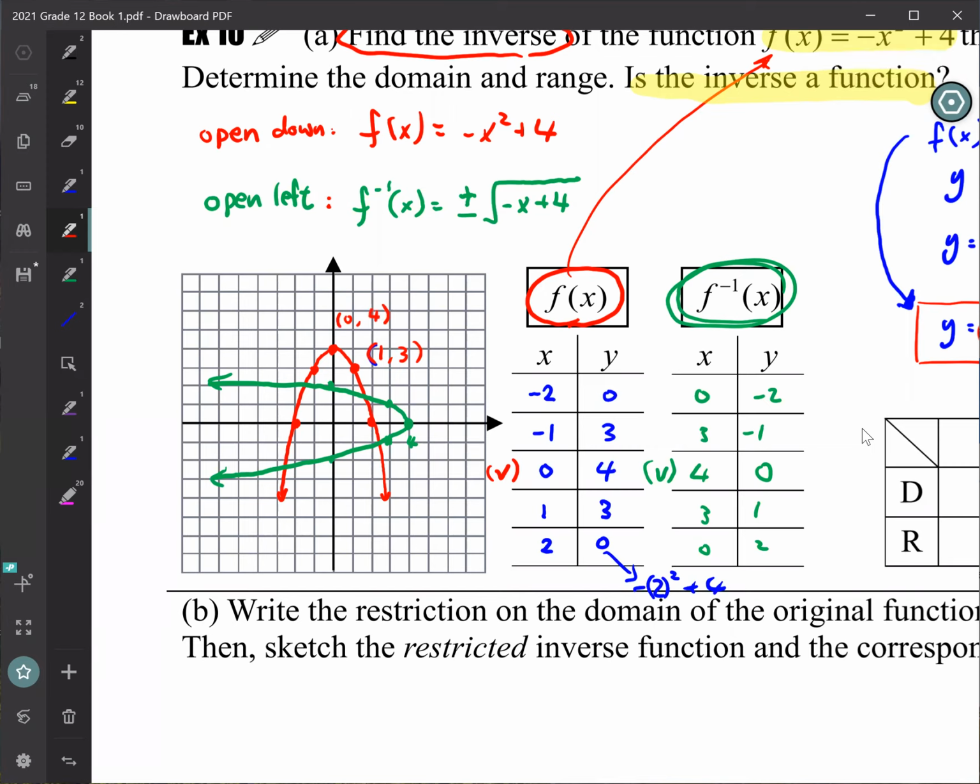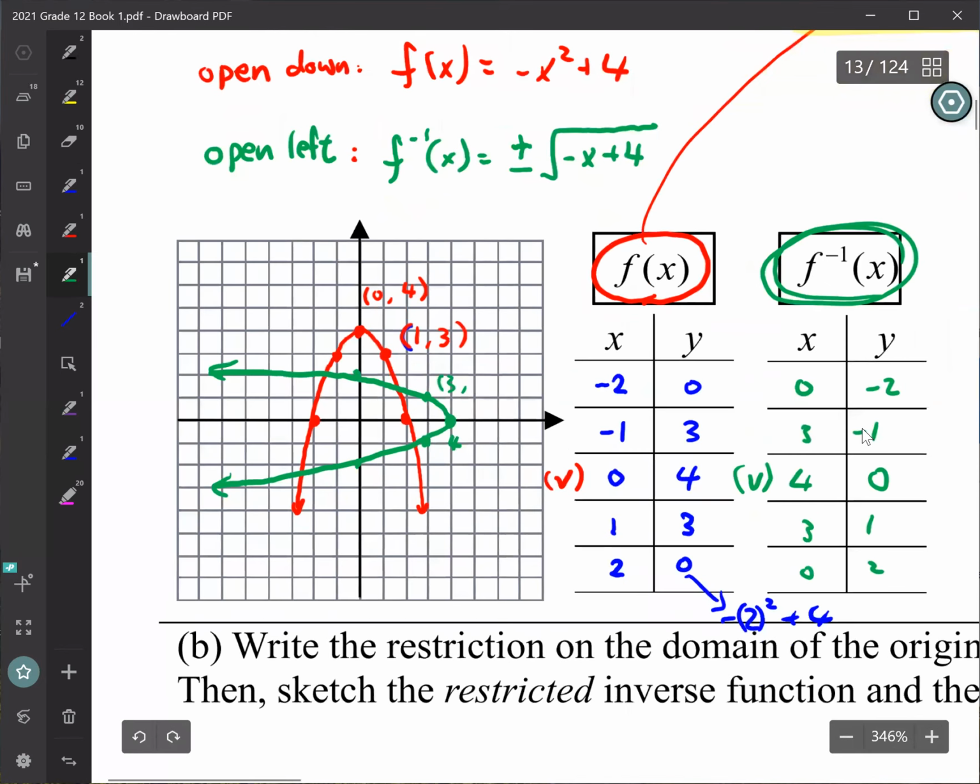But for the green one, if I have x equal to 3, I have a point up there, this green dot, y could be 1. If you look at the table, y could be 1. But then at the same time, when x equals 3, y could also be -1.